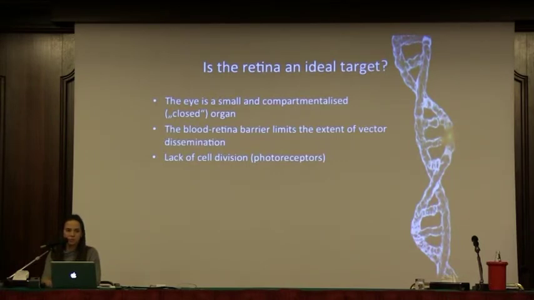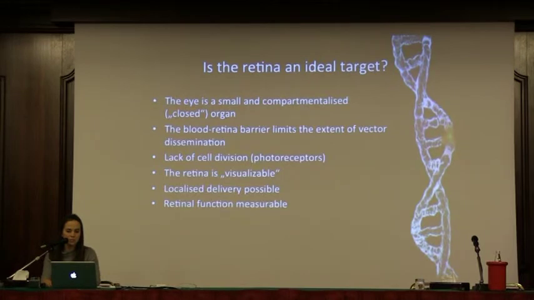Also, a huge advantage for ophthalmology, for us clinicians, is that the retina can be seen. So I can take a look at the eye, I can see the cells actually which I want to treat here. And I can also measure the function of these cells. So I also have a feedback, kind of, on what I have already achieved with my therapy.